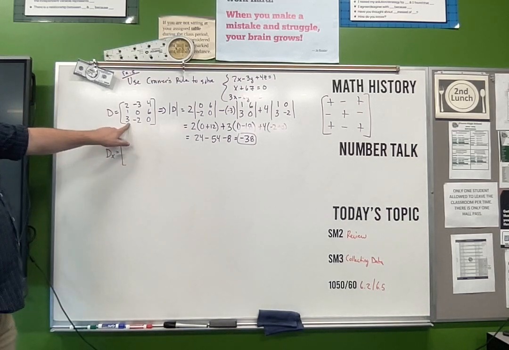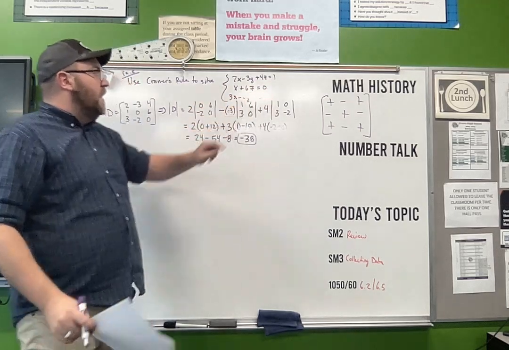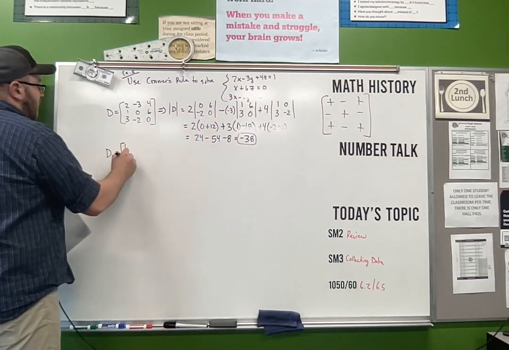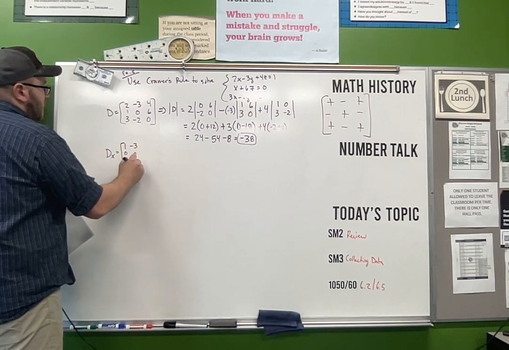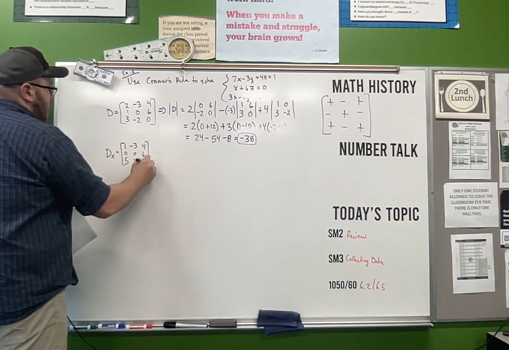D sub x. Remove the x column and put in the solutions, 105, negative 302, 460.